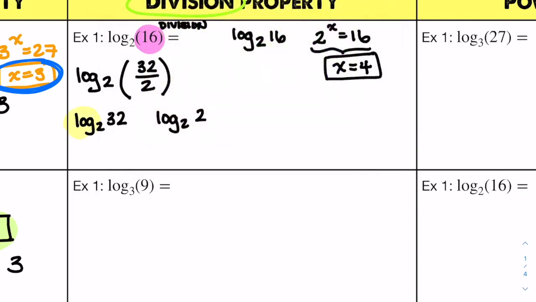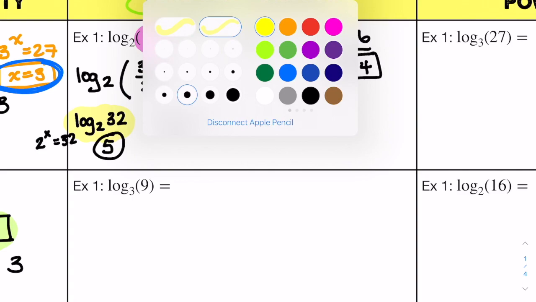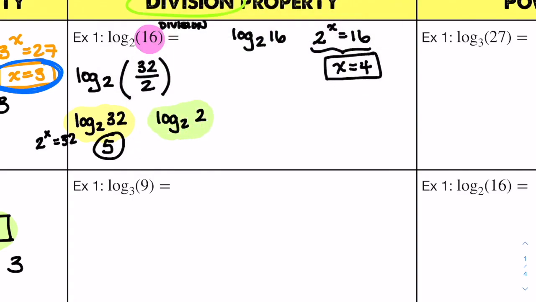Okay, so this one, I can solve this log if I just think 2 to what power is 32, and I believe that's going to be 5. And this one, I can figure it out if I ask 2 to what power is 2. And that one should be pretty straightforward because we know that we can get the same value back with a power of 1.